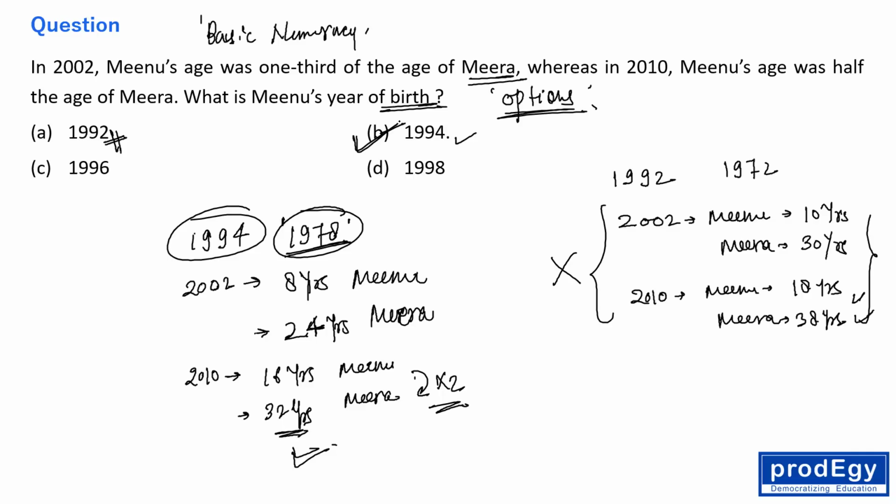Everyone, the objective approach helps you a lot in these types of question papers. You don't need to solve each and every question. You have the options, you can use them, because this is an objective question. Nobody is going to check your steps or how you solved it. You just mark it correctly. The correct option is B, so if you marked B, it is okay, because the machine is going to check your OMR.